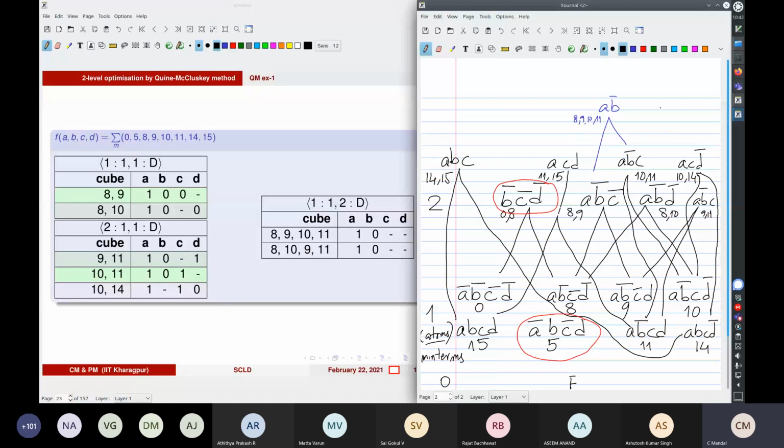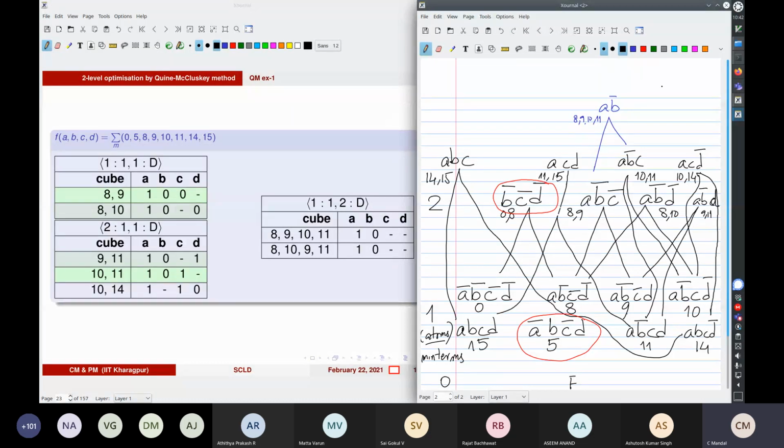So A, B bar, D. Yeah, so you can combine 8, 10, 9, 11, and this also gives you A, B bar, D.